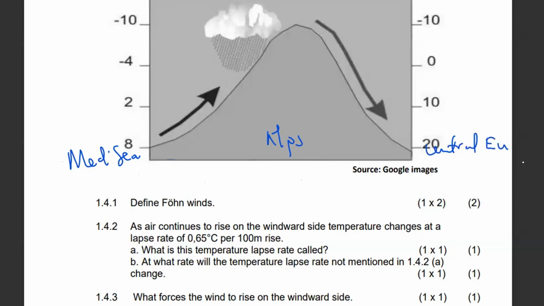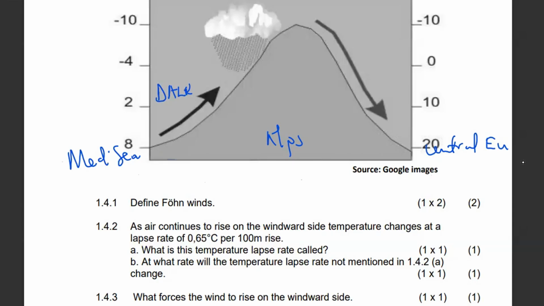And what is going to happen here is this air is going to rise and cool at the dry adiabatic lapse rate.